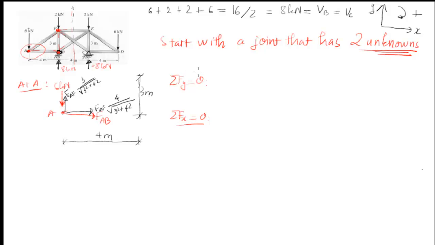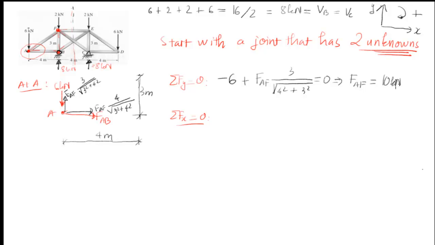For sigma Fy, we have 6 going down, so -6, plus FAF times 3 over square root of 4 square plus 3 square, equal to 0. After you solve this, you get FAF equal to 10 kilonewton.